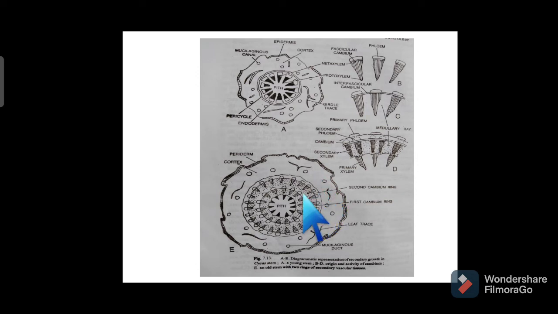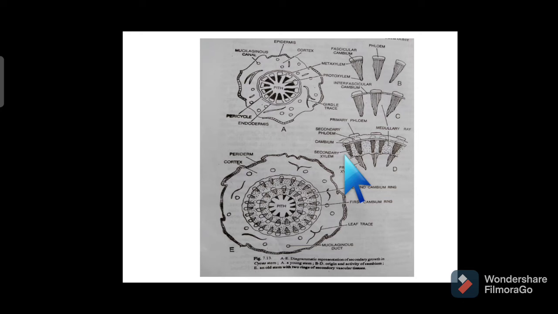And secondary xylem consists of the xylem tracheids, the xylem parenchyma, and also the xylem fibers, whereas the vessels are absent. Right, the vessels in the secondary xylem are absent. That is the water conducting tissue of the plants.